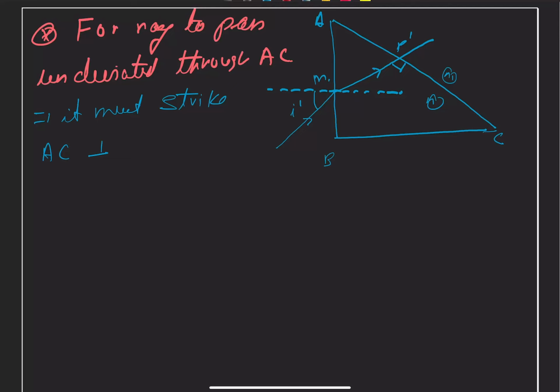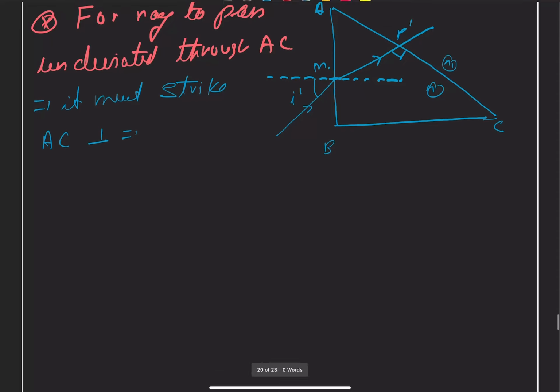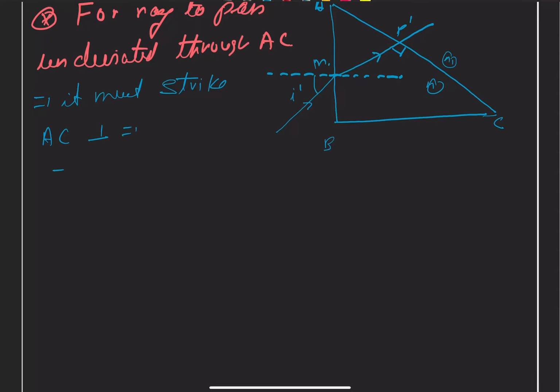So it means the angle of incidence at AC should be equal to 0.